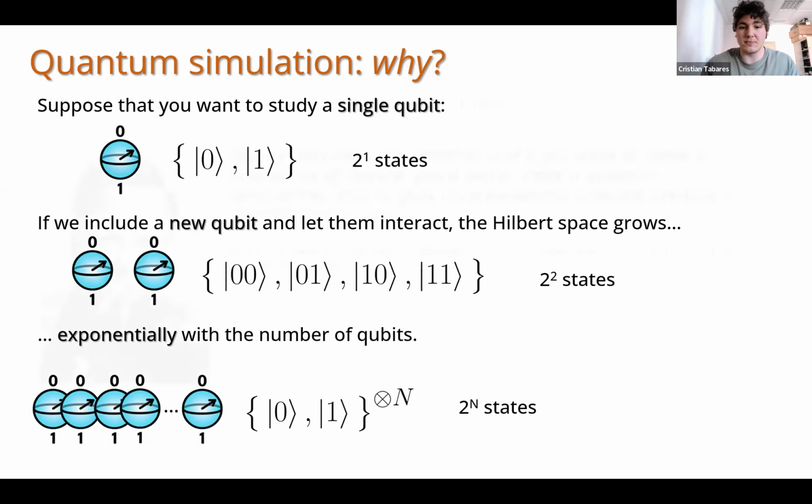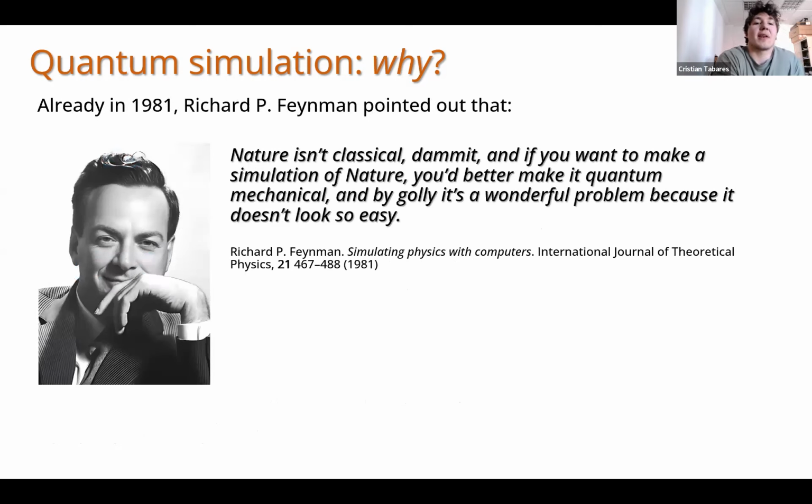So motivated by this, already in 1981, Richard Feynman pointed out that nature is not classical. And if we want to simulate nature, the first thing that we could do is a quantum simulation of nature. And this is not easy, because we can control classical computers very easily, but we cannot control quantum computers, whatever that means, that easily.